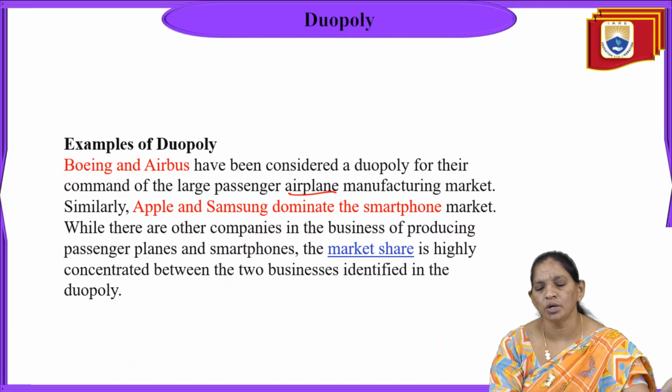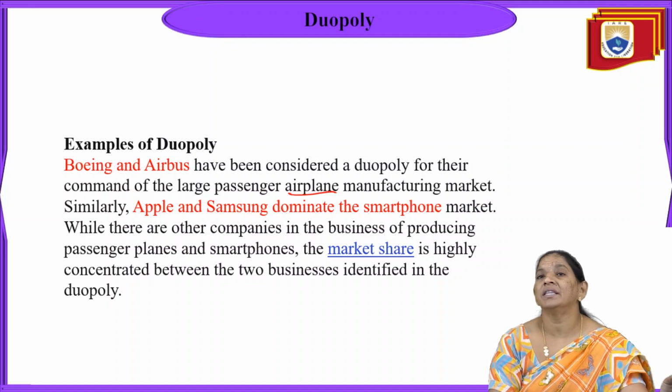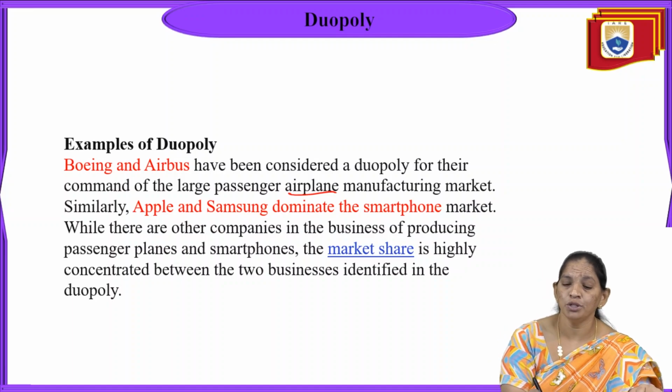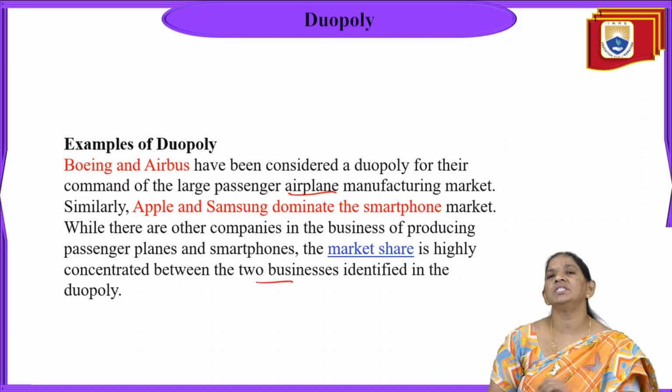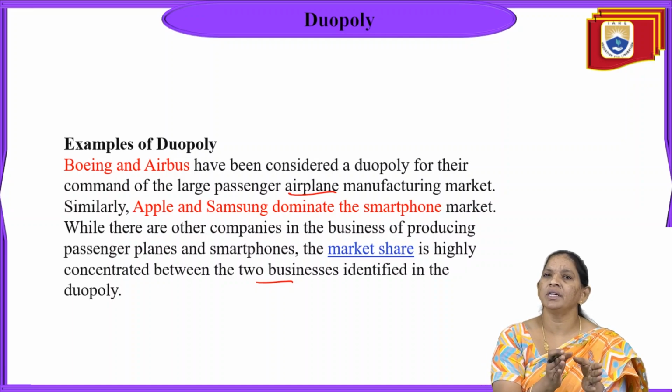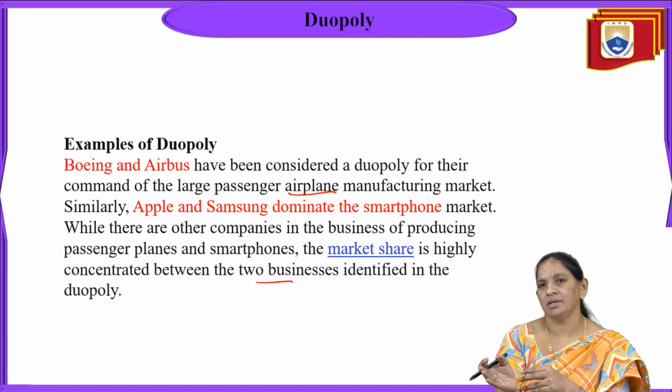So these two companies, producing passenger planes or smartphones, capture a market share that is highly concentrated between two businesses, which is identified as duopoly, as with Boeing and Airbus and also Apple and Samsung.